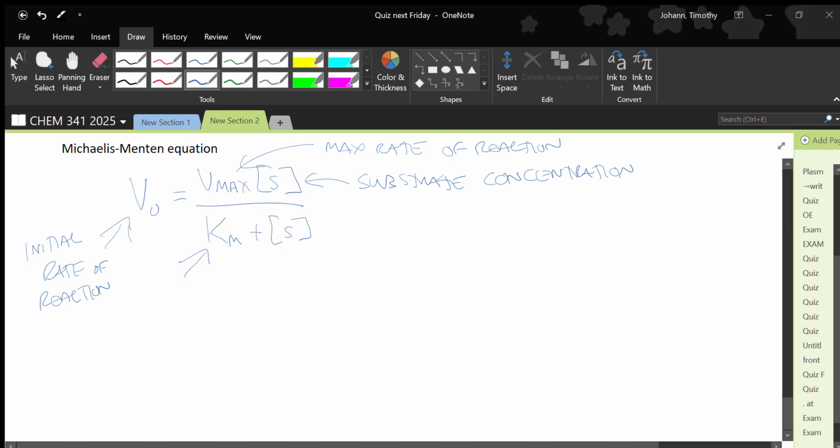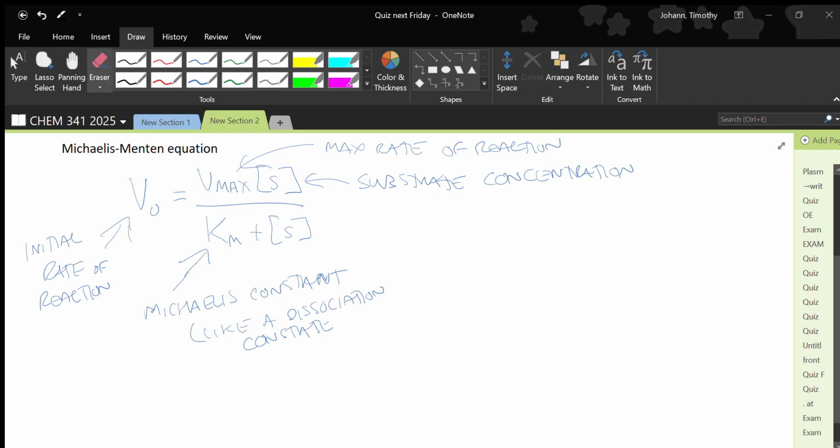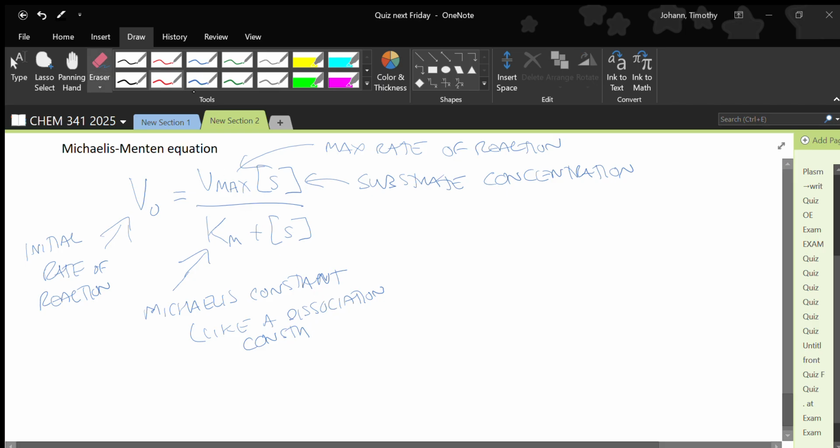And then down here, what we have is the Michaelis constant. It is like a dissociation constant, and we are going to treat it just like it's a dissociation constant.